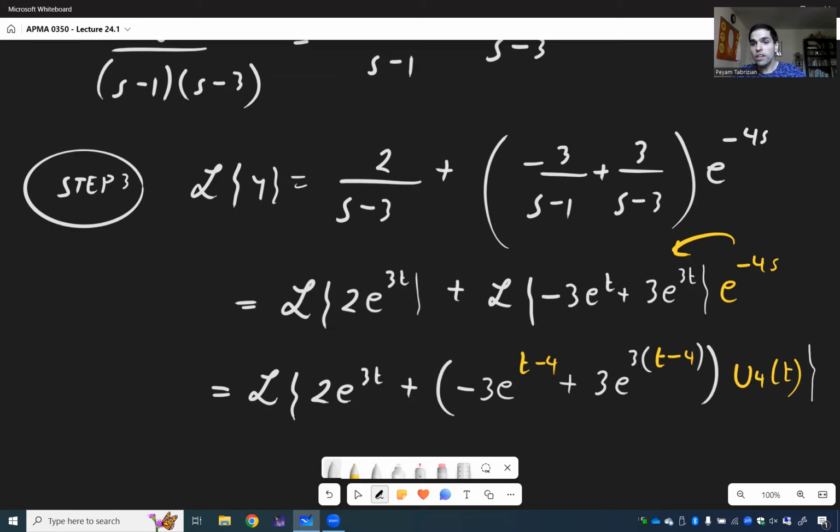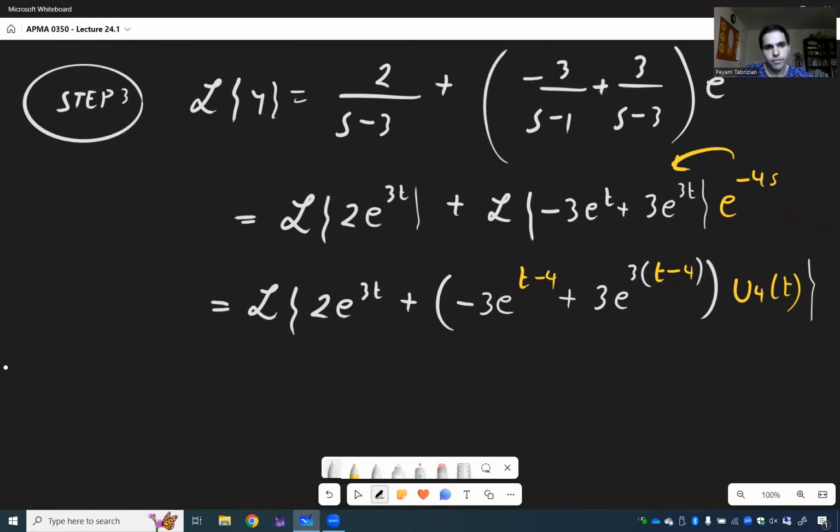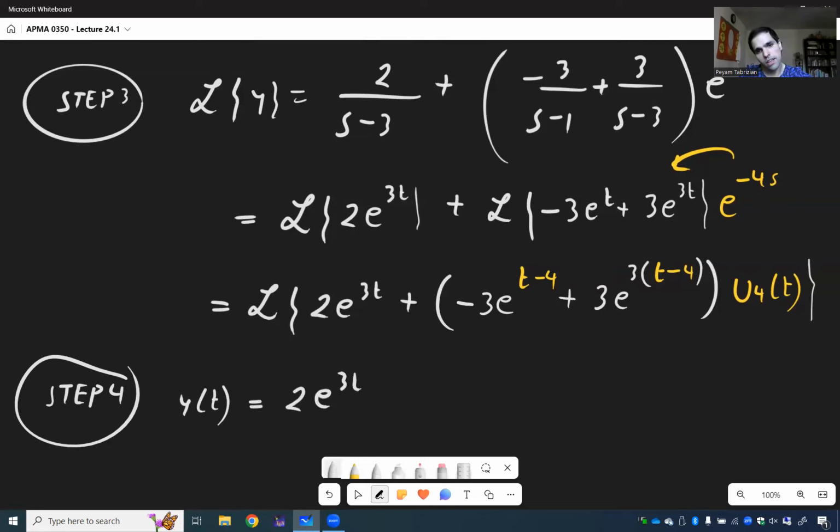Again, if you want to put an exponential term inside, it will shift and jump. And that's it, because now we have our solution. So y of t becomes 2e to the 3t, and then plus minus 3e to the t minus 4 plus 3e to the 3 times t minus 4, u4 of t.